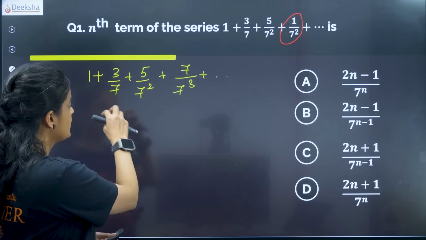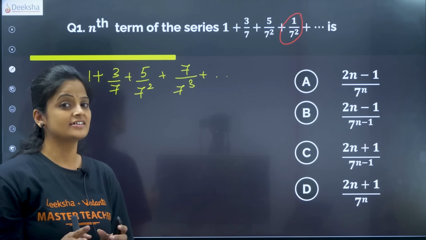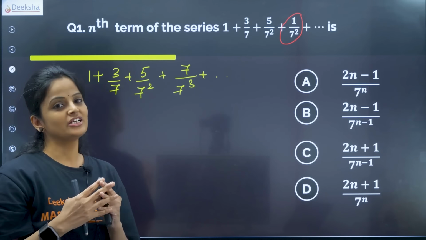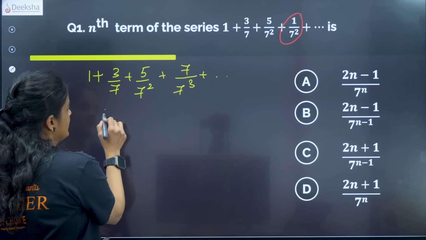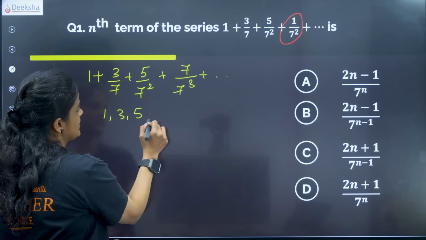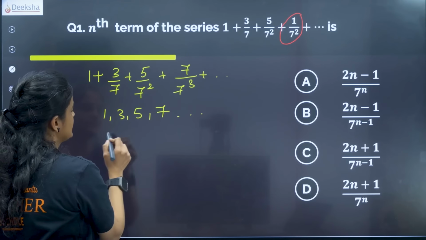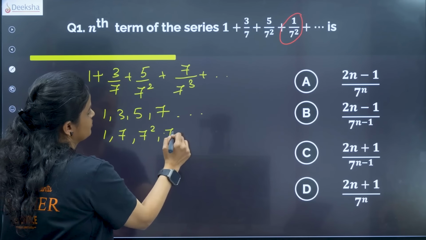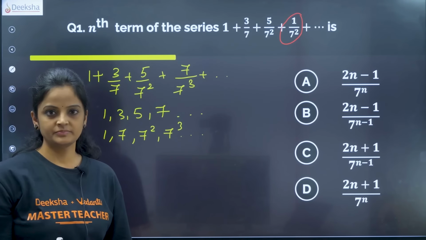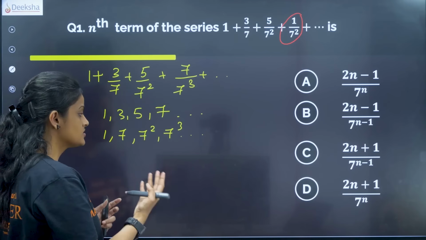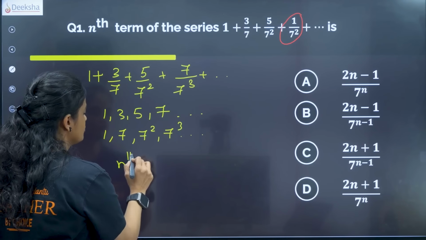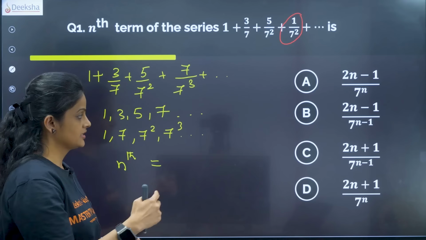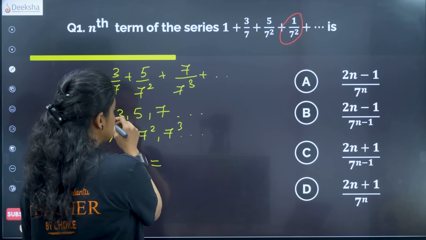If you are seeing the series, we should understand that this is AP and GP together combined, arithmetic geometric progression, where arithmetic progression is like this and geometric progression is given 1, 7, 7 square and 7 cube. It is combined, right? So both are combined. So in nth term also, we have to take the combination of AP and GP here. So what is the nth term of this series?